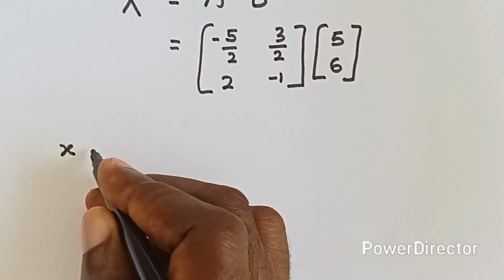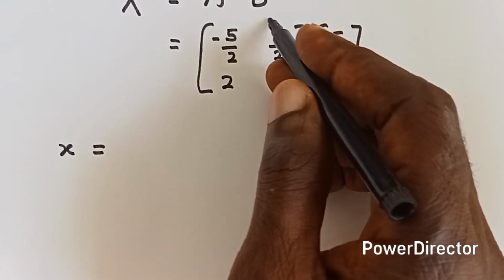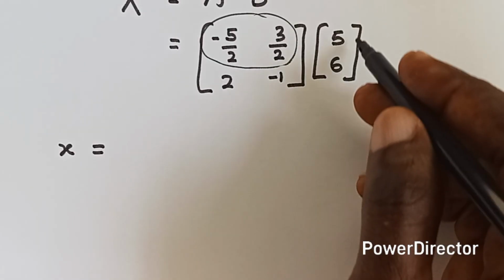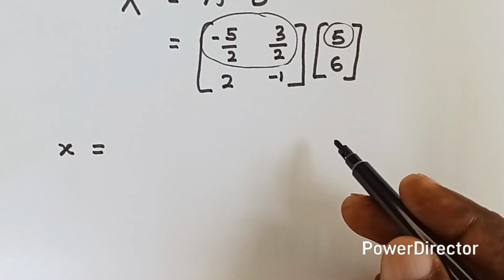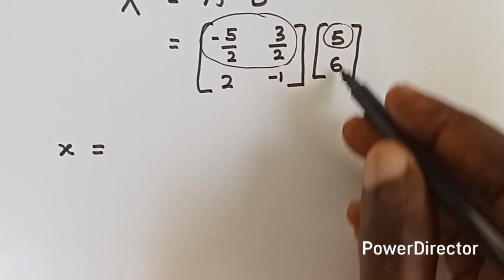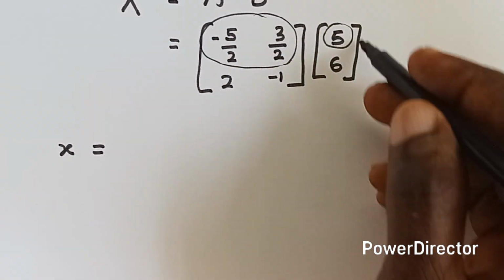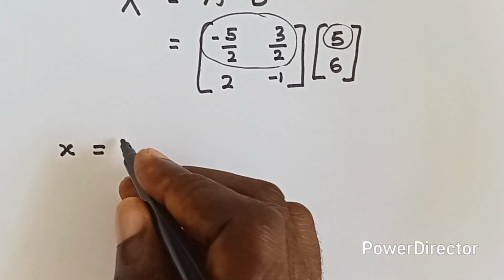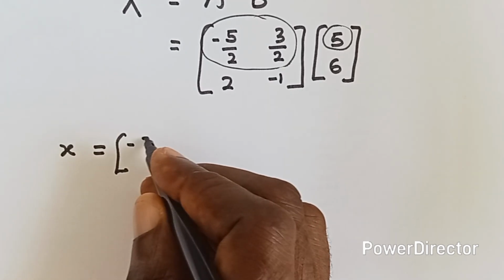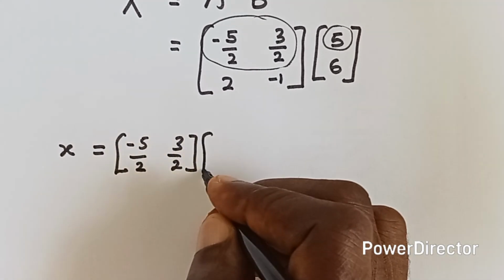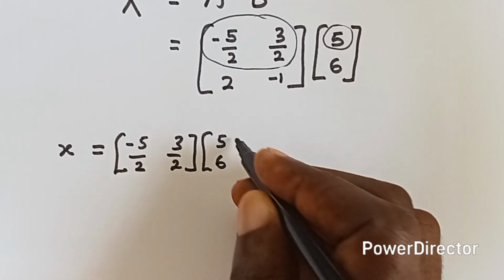Our x is given by multiplying this row with the whole of B, that is 5 and 6. So x is minus 5 over 2, 3 over 2, multiplying 5, 6.